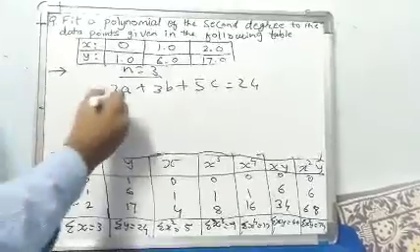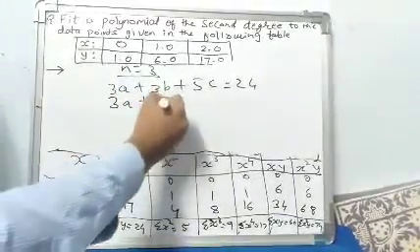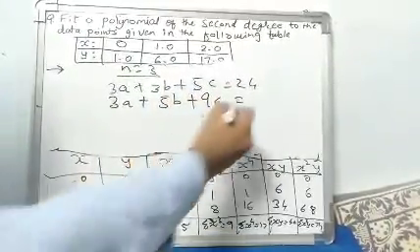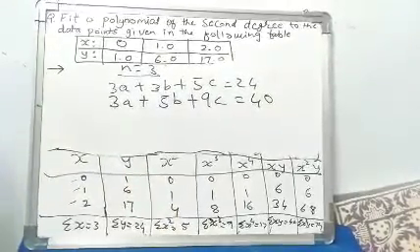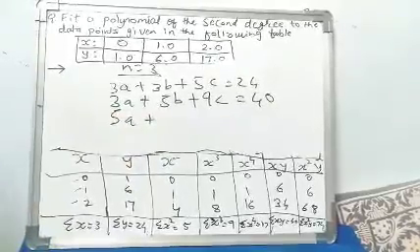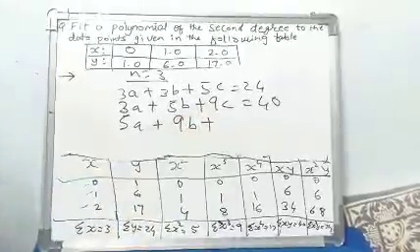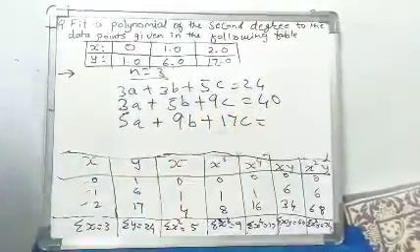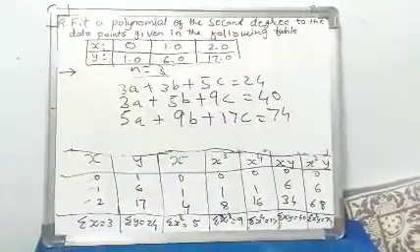The second equation becomes 3a plus 5b plus 9c equals 40. The third equation becomes 5a plus 9b plus 17c equals 74.